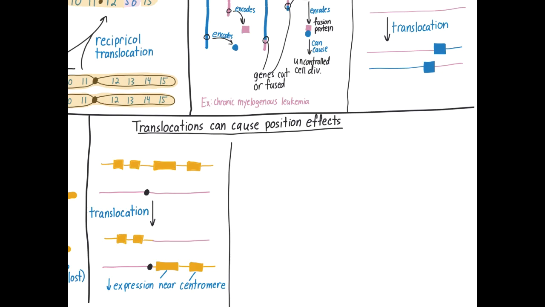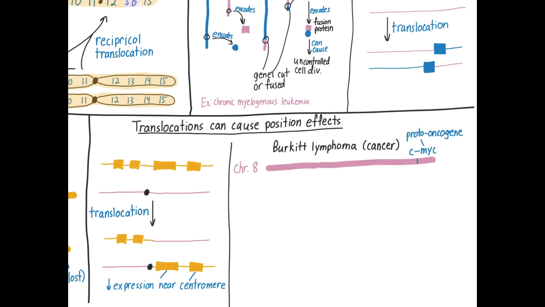If a gene is moved to near a highly expressed gene, the moved gene may also become highly expressed. We see this in the case of Burkitt lymphoma, a cancer of white blood cells, specifically B cells. It can be caused by a translocation between chromosome 8, which has the proto-oncogene c-MYC on it, and chromosome 14, which has the highly expressed IgH gene.